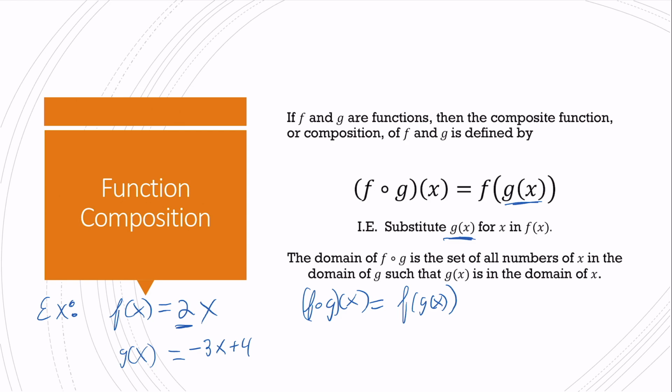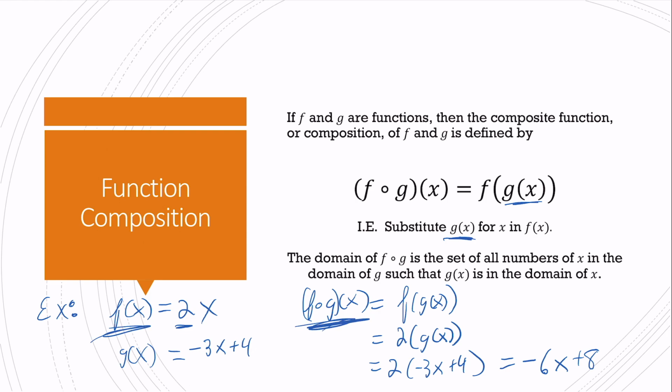So instead of having f of x be 2x, it's going to be 2g of x. Well, g of x is negative 3x plus 4. So then I just distribute to get negative 6x plus 8. This would be f composed with g of x when f of x is 2x and g of x is negative 3x plus 4. We are substituting g of x in for x in f.